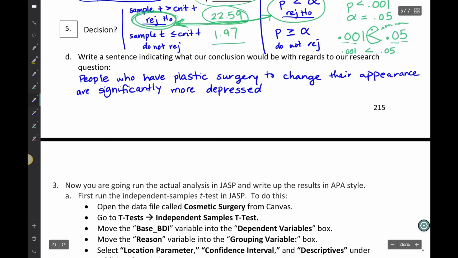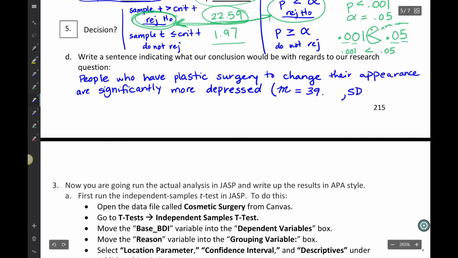So significantly more depressed. And if I were doing this in APA style, which you should be, M is just supposed to be a regular M in italics, not a mu. And we would say what the mean for this group was, 39 point something, 37 or something like that.